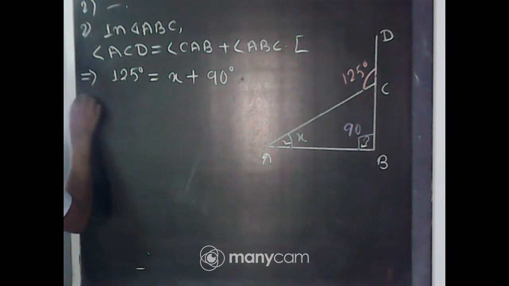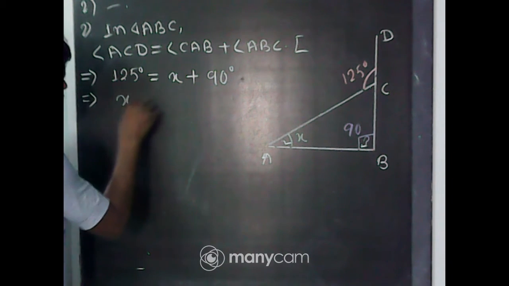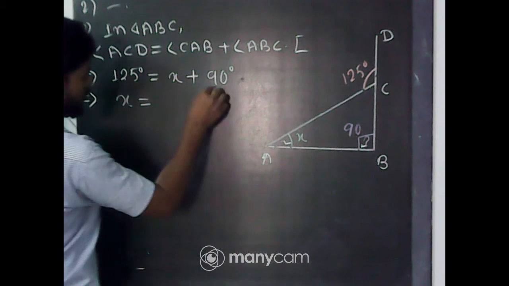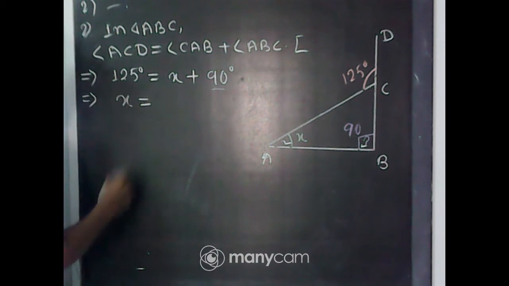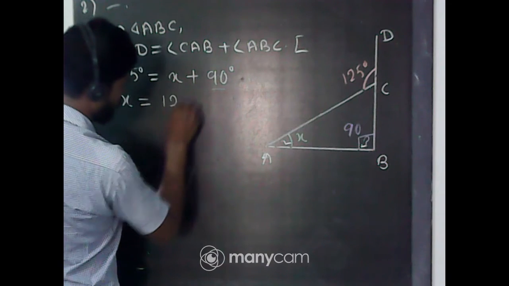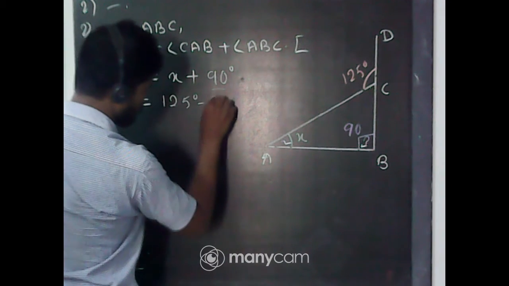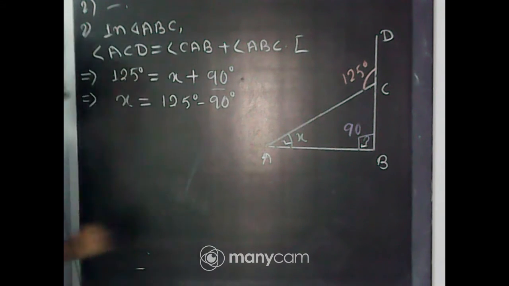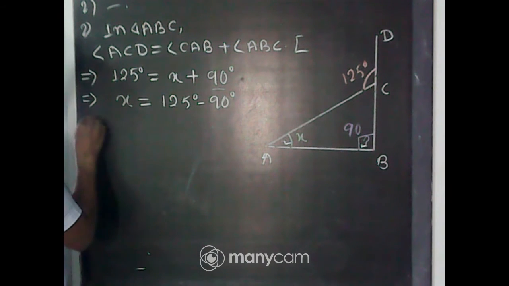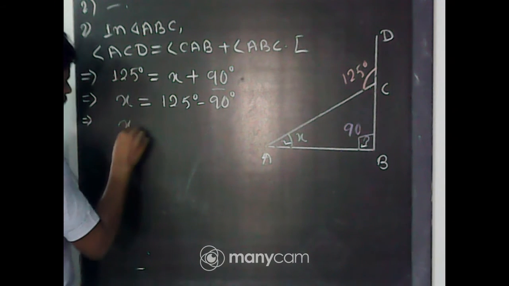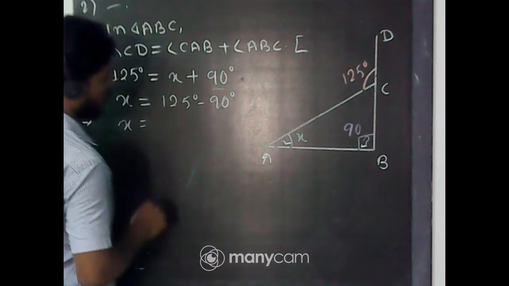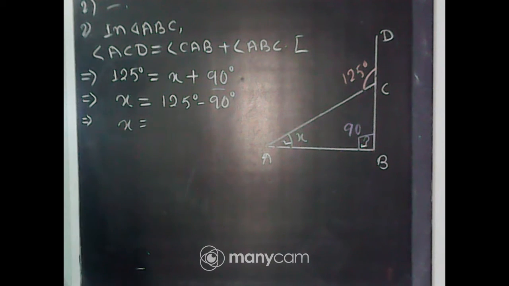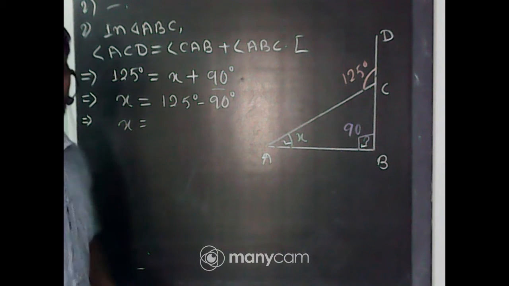Now from here we have to calculate the value of x. If I shift this 90 from the right hand side to the left hand side, its sign will change. We know it very well. So this is 125 minus 90. That implies the value of x will be equal to, what happens if I subtract 90 from 125?